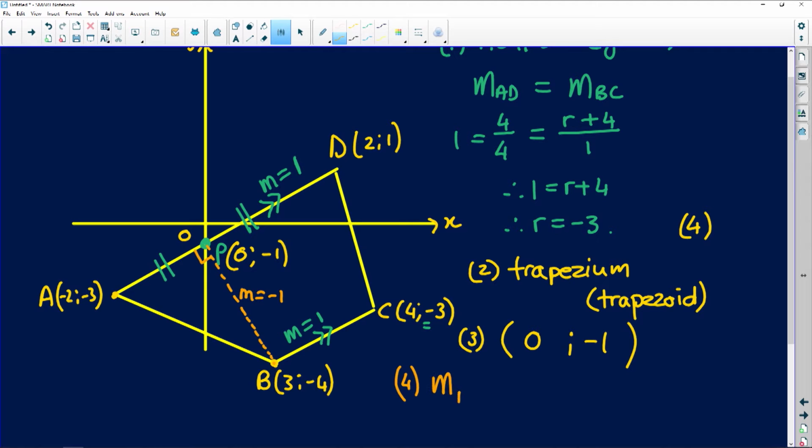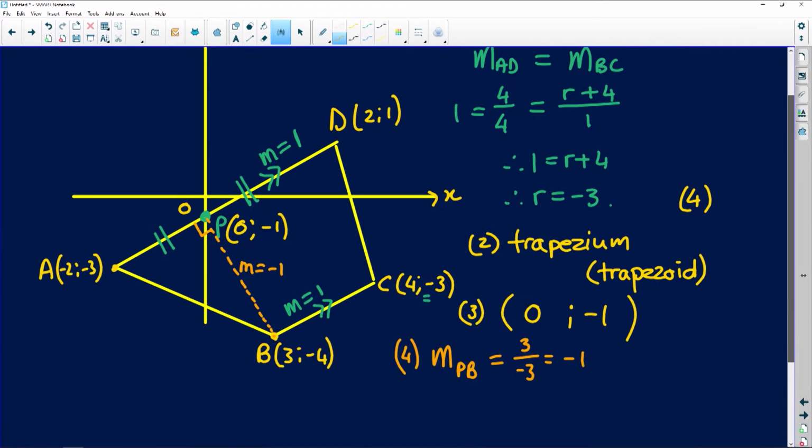The gradient of PB, the y value of P minus the y value of B is minus 1 plus 4 gives me 3. 0 minus 3 gives me minus 3, and look at that, minus 1. So the product of those two gradients gives you minus 1, so they're perpendicular.